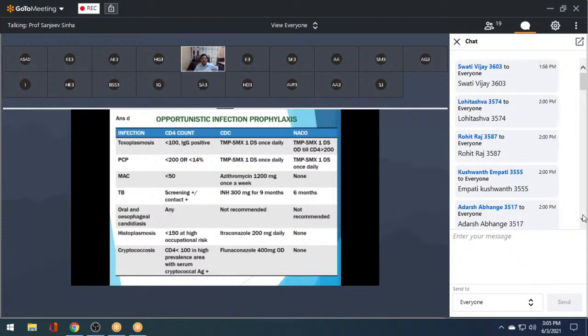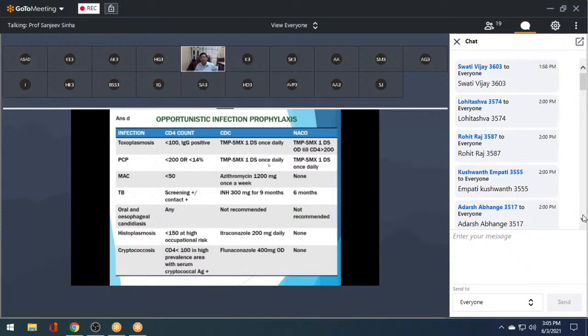So commonly we see toxoplasmosis when the CD4 count is less than 100, and treatment is a combination of sulfamethoxazole-trimethoprim, one double dose once a day. And then we have another common infection, mostly seen in patients whose CD4 count is less than 200.